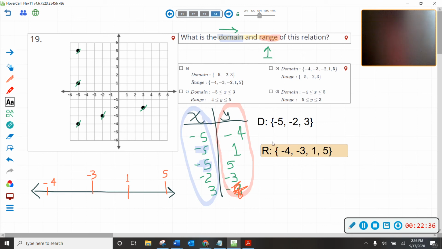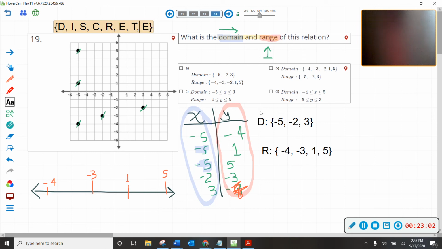Because we know that the scatter plot is disconnected, that it's discrete, we can take out half of our answers here, because discrete uses braces, and it also has commas between everything, just so you can get an idea of what discrete looks like.